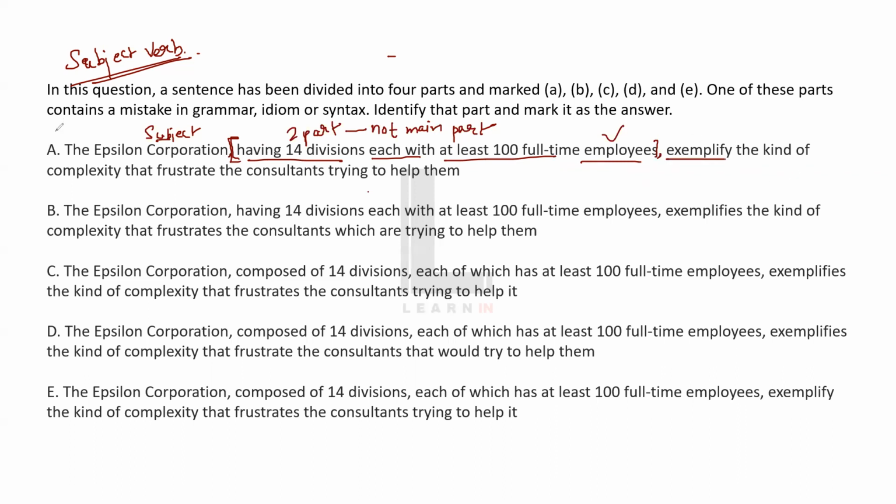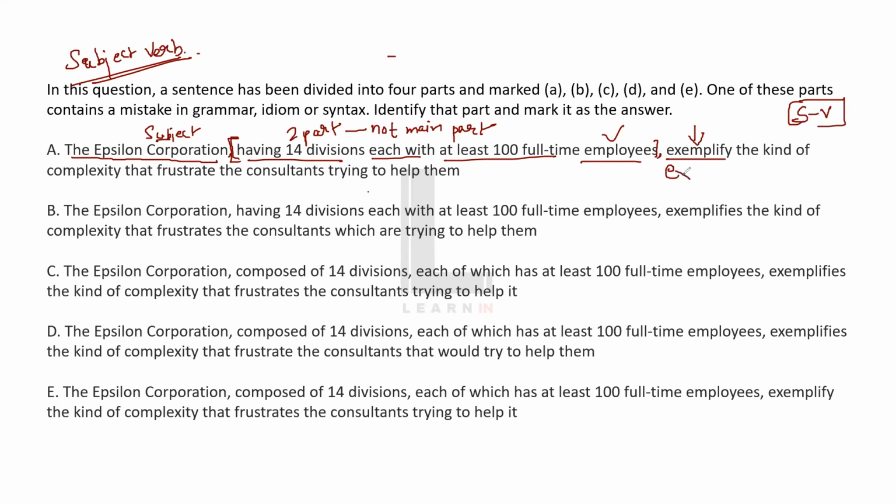Okay. Now, so the first thing, exemplify. The Epsilon Corporation exemplify. Do you think this is the right answer? Done. Okay. Nobody gave me A as the answer. Some people gave me A as the answer. Does it follow the first point, the subject verb agreement?